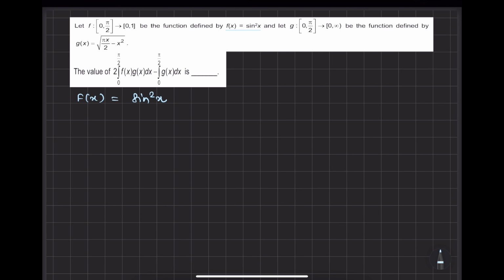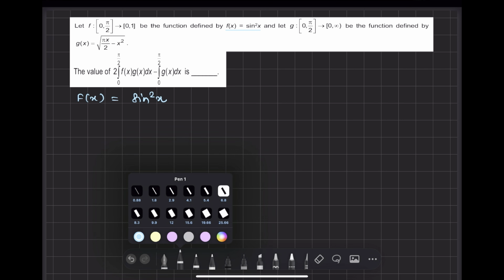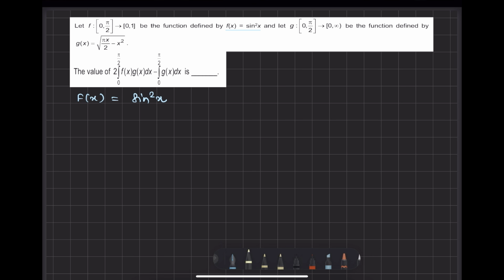And let g of x defined from 0 to pi by 2 to 0 to infinity be a function defined by g of x as root over pi by 2x minus x square.